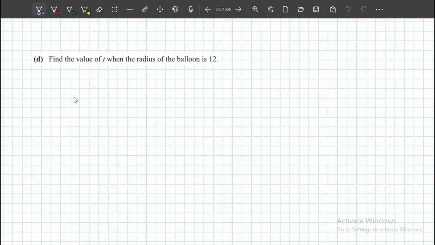I will use the answer of the c part. It was minus 5 over 2 r squared minus 250 minus 12,500 log of 50 minus r plus 12,500 log of 50. Now we are looking for the value of t when the radius of the balloon is 12, meaning when r equals 12.